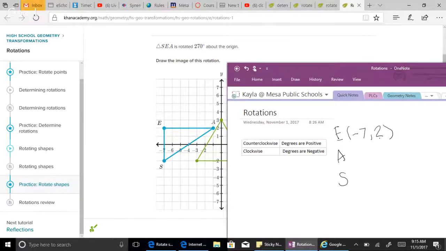The A coordinate point is -1, +2. The S coordinate point is -7, -2. Okay, we have our points.